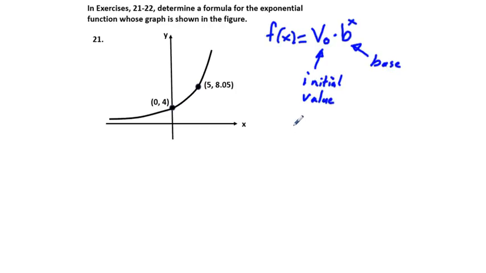So to find our initial value, we have to look at what the value of the function is where x equals 0. So we look at our y-intercept. So initial value of an exponential function equals our y-intercept.